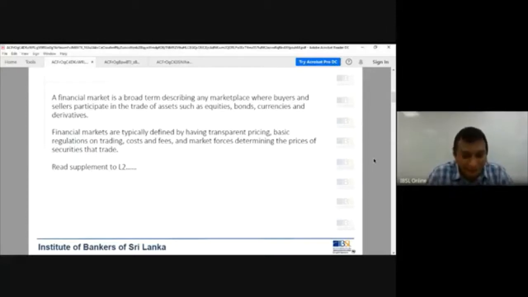Assets, institutions in the form of intermediaries, the regulations that we are looking at. It is a place, marketplace. Financial market is a place, but effectively not necessarily one particular physical location, but there are physical locations which are very famous in the world as financial epicenters. Wall Street.